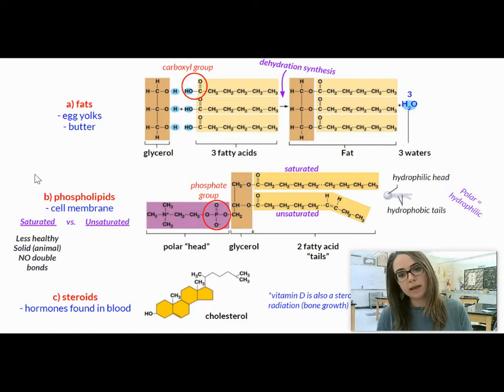A saturated fat is usually solid at room temperature. Think of butter. You can keep butter out in a butter dish, in your cupboard or on the kitchen table, and it won't melt unless it's crazy hot in your house. They're solid at room temperature.